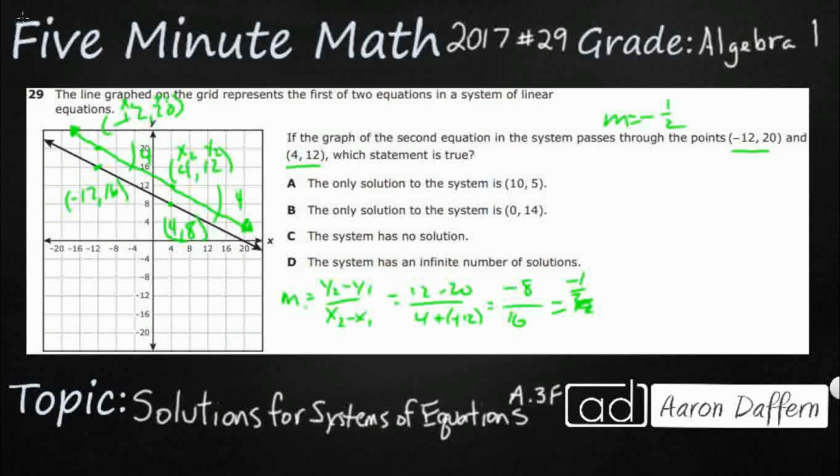Let's see what it's like for this second line, the one that's already there. We'll make that x1, y1, x2, y2. That's going to be 8 minus 16, which is negative 8 again. And then I've got 4 minus negative 12, so that's going to be 16.